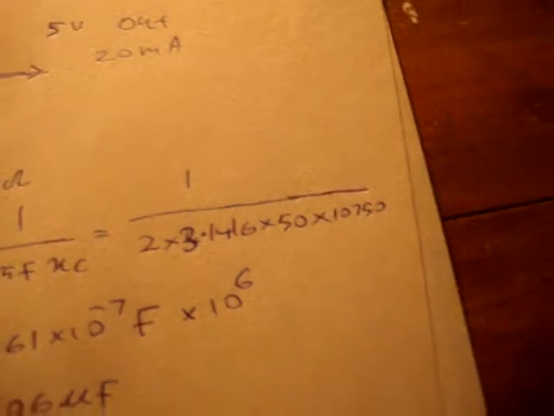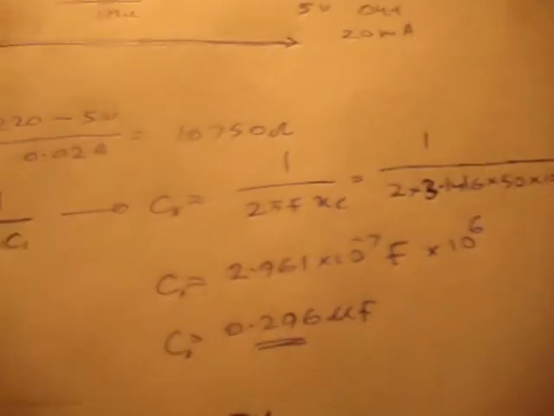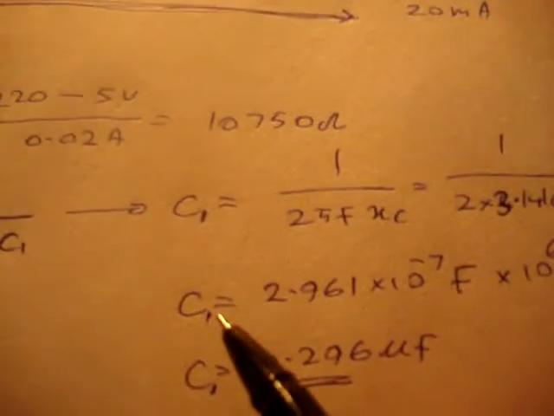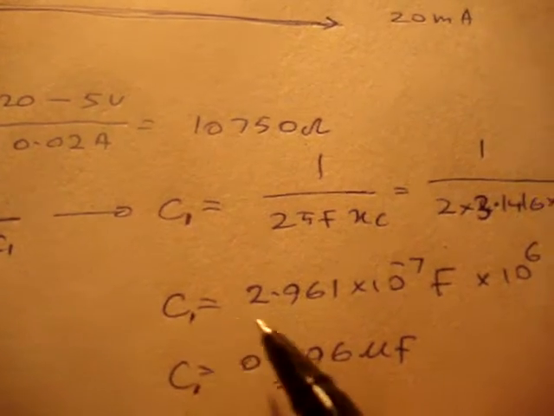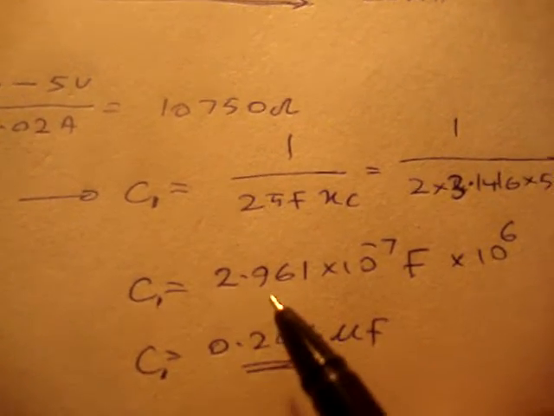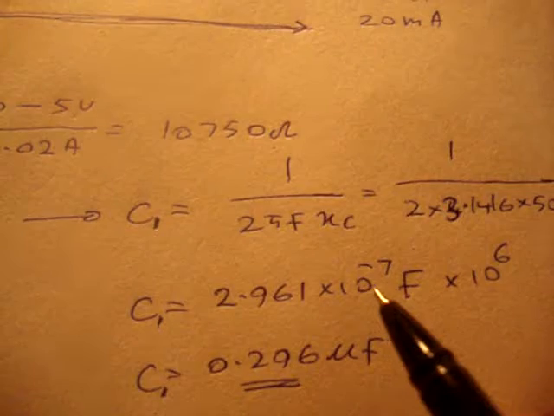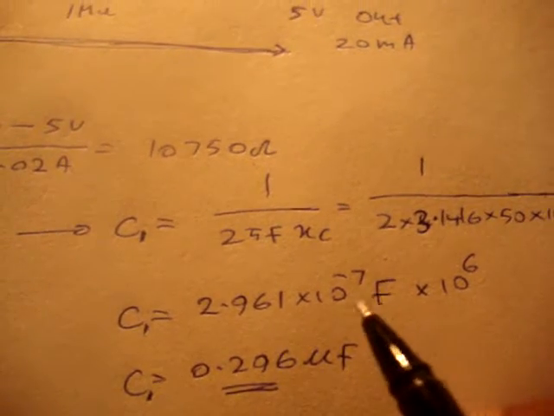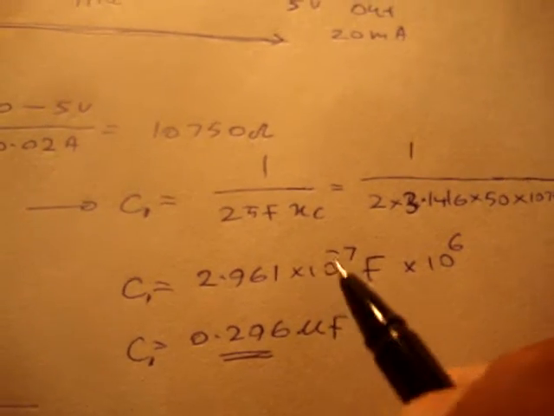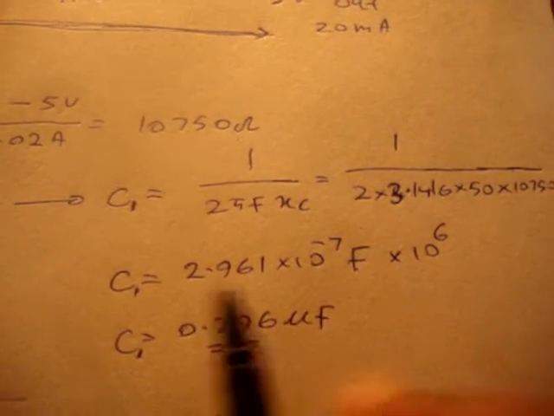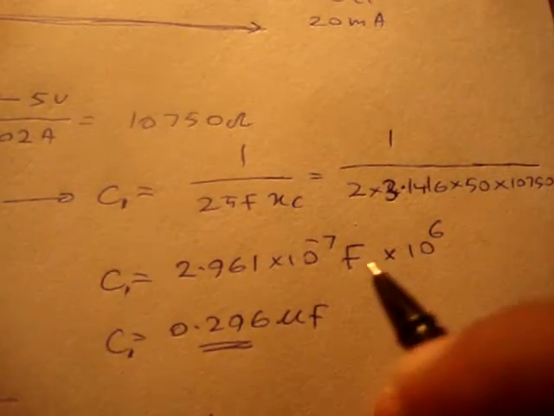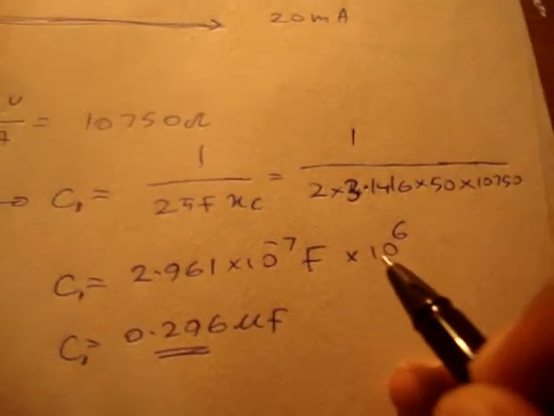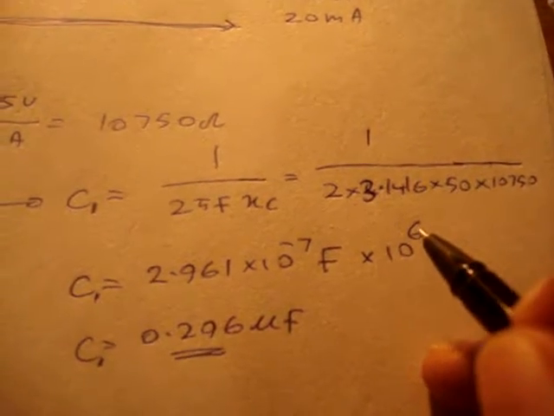After simplifying this equation, we get C1 in farad, 2.961 × 10 to the power minus 7 farad. We have to convert this value into microfarad, hence I multiply by 10 to the power 6.